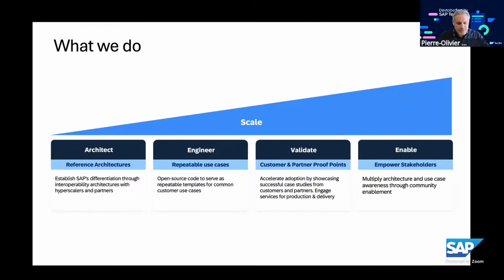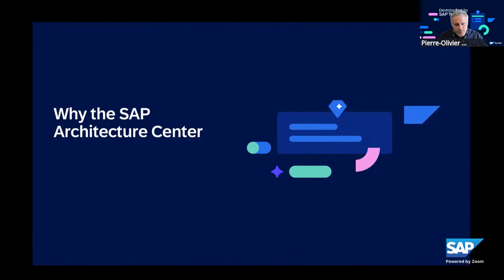As you can see on the slide, we define architectures, we create some repeatable use cases that are validated with customers or partners, approved, and then we reference architectures. So now the question is why the SAP Architecture Center, why we created the SAP Architecture Center.